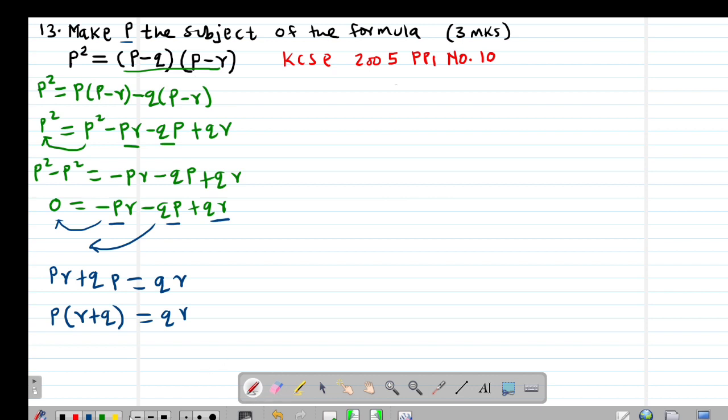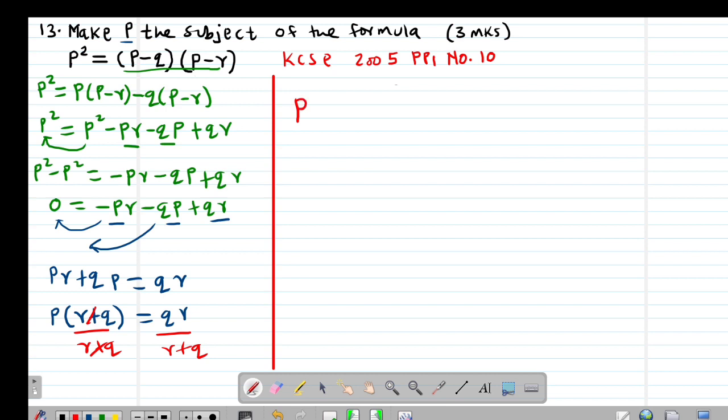So if I want to find the value of P alone, I'm simply going to divide through by the number that is in brackets, so that I'm going to get the following. If I divide through by the number in the bracket, which is R plus Q, I also divide by R plus Q. So of course these two will cancel out.